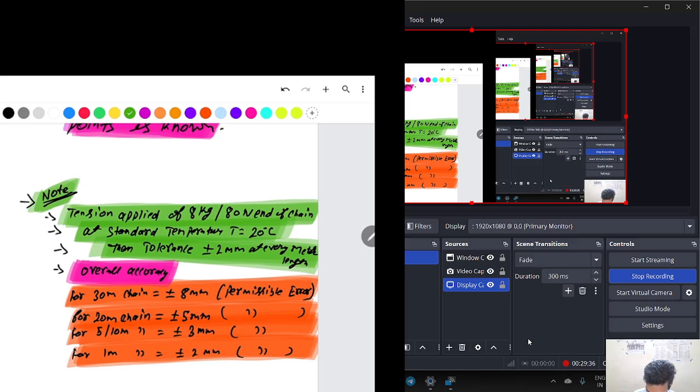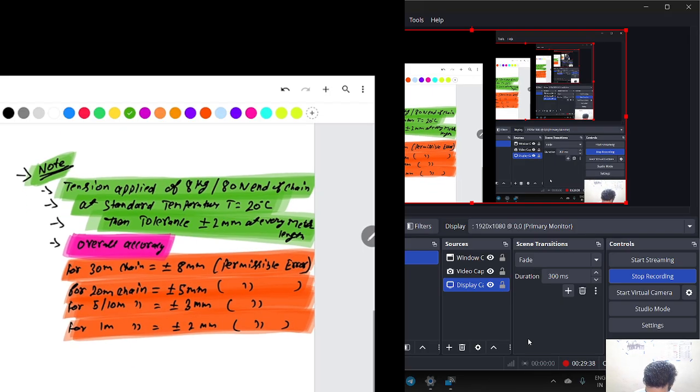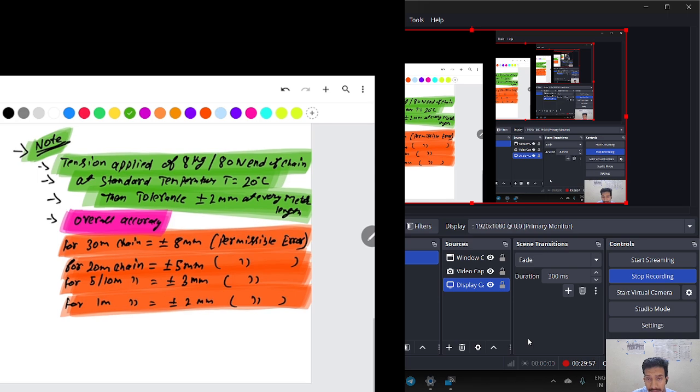For a 20-meter chain, plus minus 5 mm. For 5 meter or 10 meter, plus minus 3 mm tolerance, which is the permissible error. For every 1 meter of chain, there is an allowance of plus minus 2 mm.